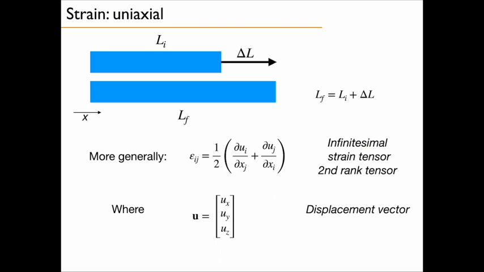In general, we want to describe the strain in 3 dimensions. And for this, we will use a measure of the strain, which is the infinitesimal strain tensor. It is a second rank tensor. The expression of the infinitesimal strain tensor is epsilon ij equals 1/2 of dui dxj plus duj dxi.